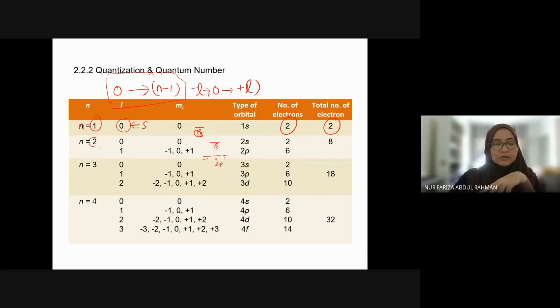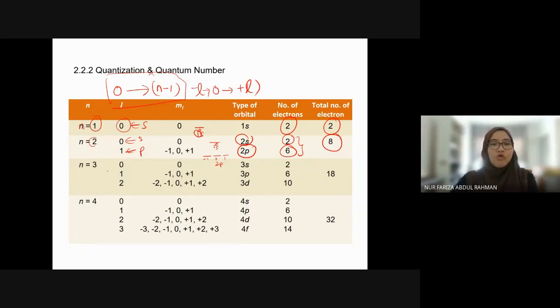So if n is equal to 2, there should be only s orbital and p orbital. That's why we have 2s and 2p orbitals. For the 2s orbital we only have one orbital, so there should be 2 electrons, and then 6 electrons for the p orbital. We total these two and we get 8.